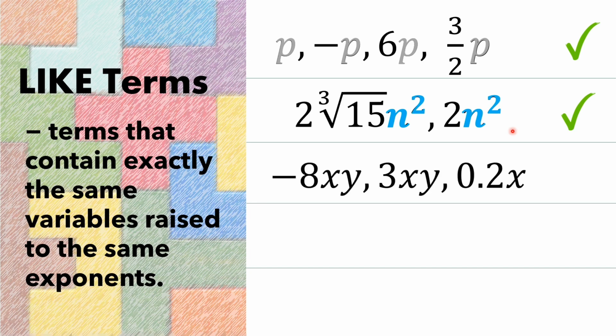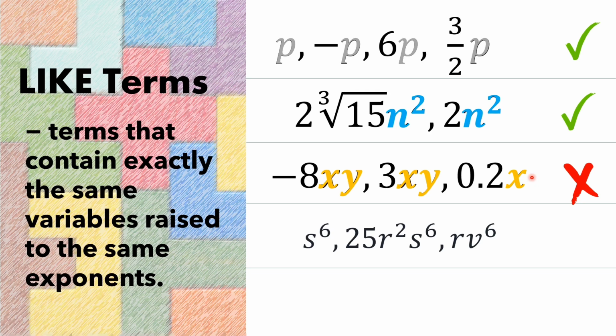Next one: negative 8xy, 3xy, 0.2x. The first two terms have the same variables raised to the same exponents, but the third term is different. Therefore, this set of terms are not like terms.